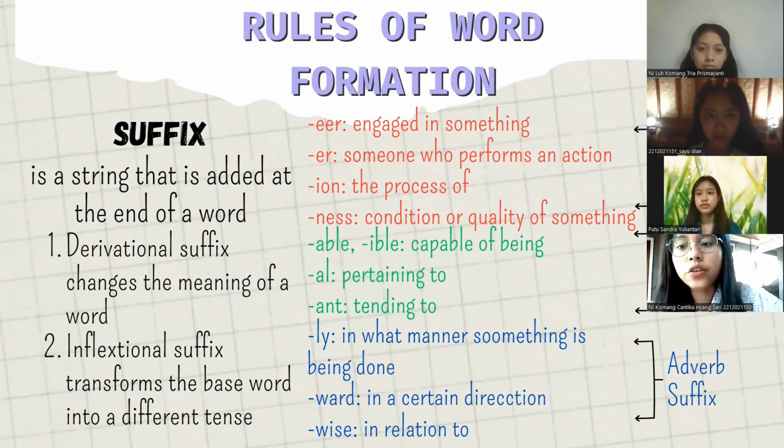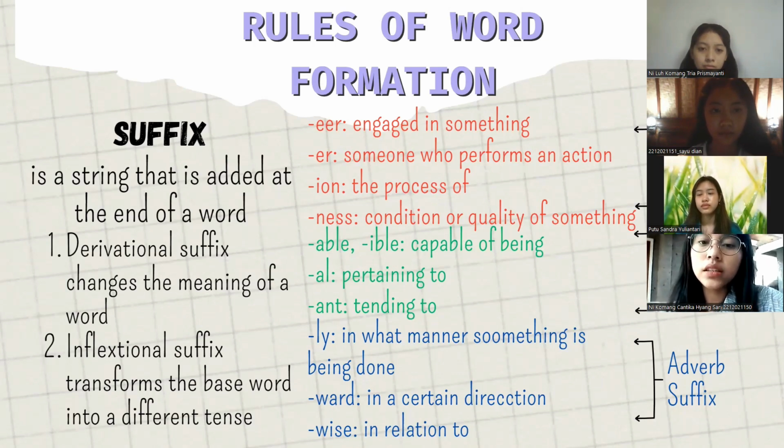Next, the adjective suffixes, like able or ible, that means capable of being. Al, pertaining to. Ant, tending to. The adverb suffixes, like ly, in what manner something is being done, and ward, in certain directions.